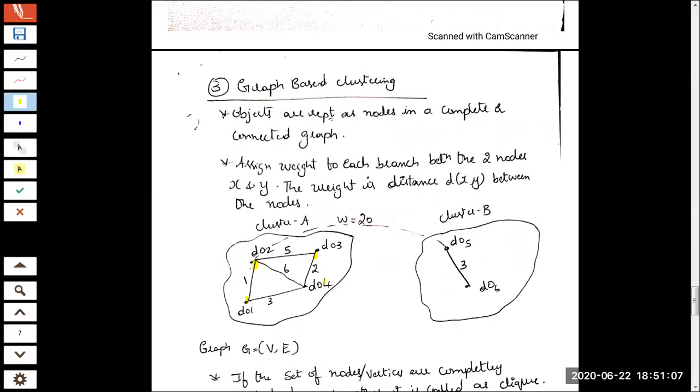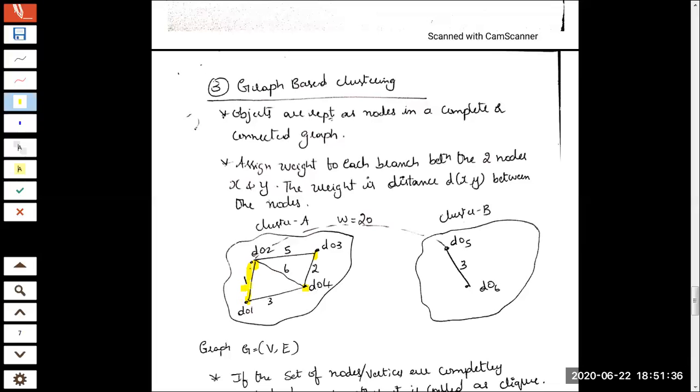So each and every point that you are seeing here is represented as a node. And we try to connect these nodes in the form of a graph. So you can see, for example, DO1 is connected to DO2. Okay, and for this connection, the weight has been assigned as 1.